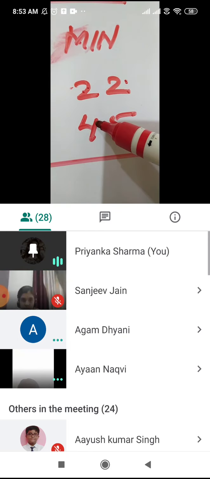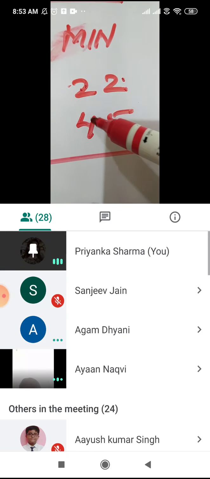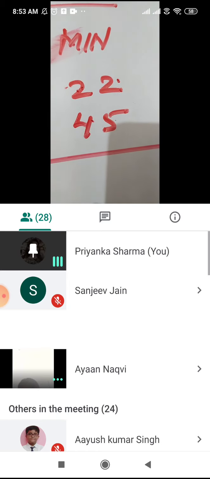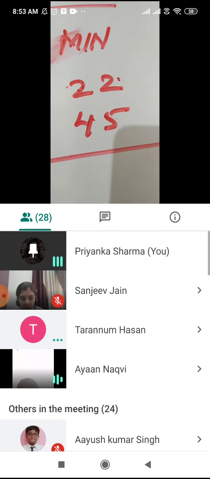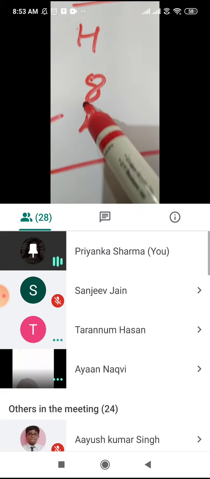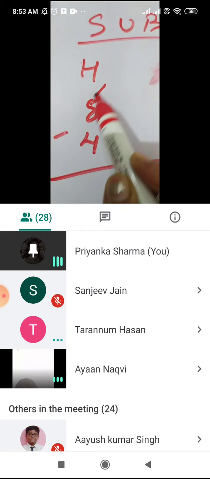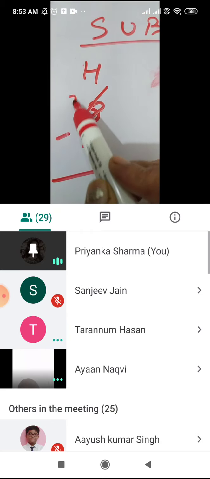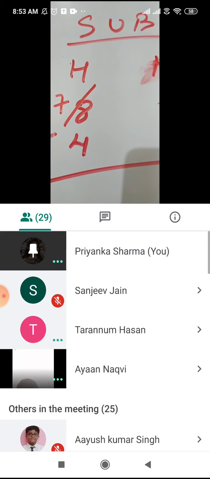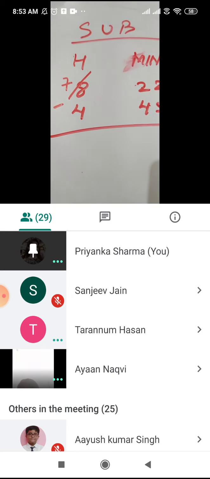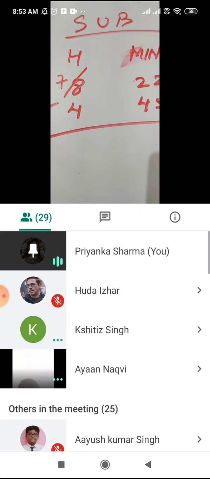How will 4 be subtracted from 1? Will 4 be subtracted from 1? No. Then what we have to do? We borrow from this side. We will take 1 from here, so this will become 7.